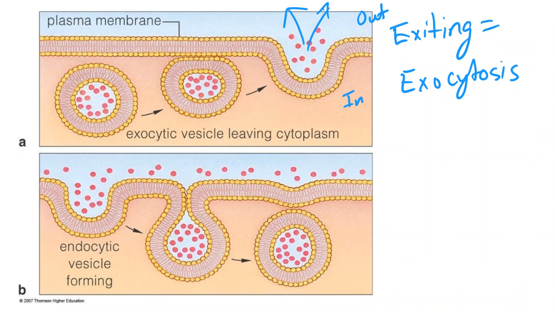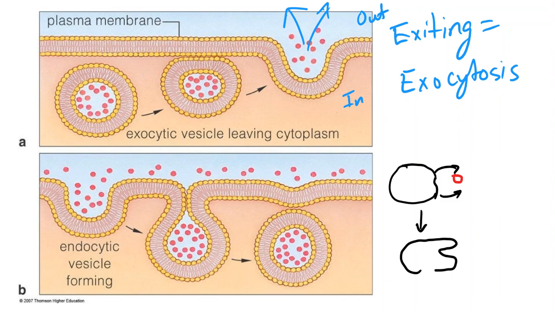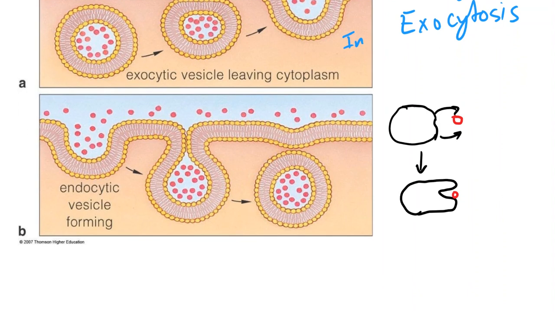Here, I'm actually going to draw a little bit different of a picture. Okay, so let's say I have a cell, and there's something that the cell wants to engulf. It wants to take in this thing. What's going to happen is this cell will reach around this object, and it will try to engulf this object.